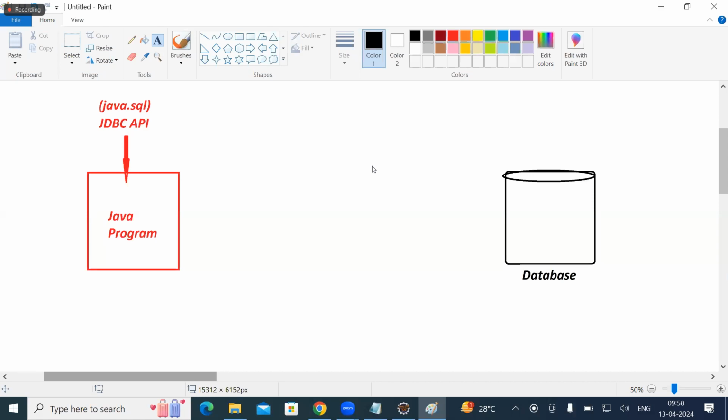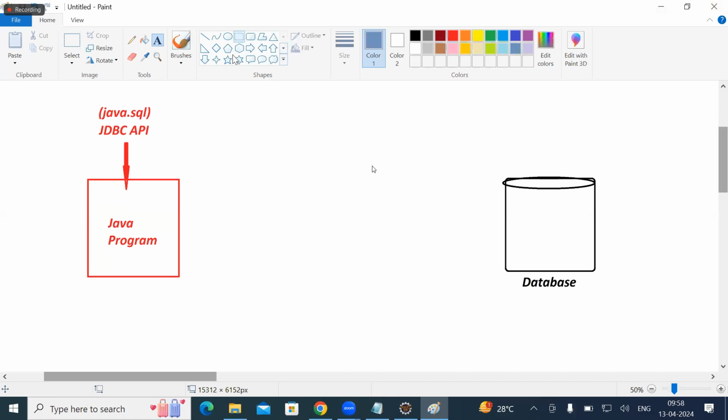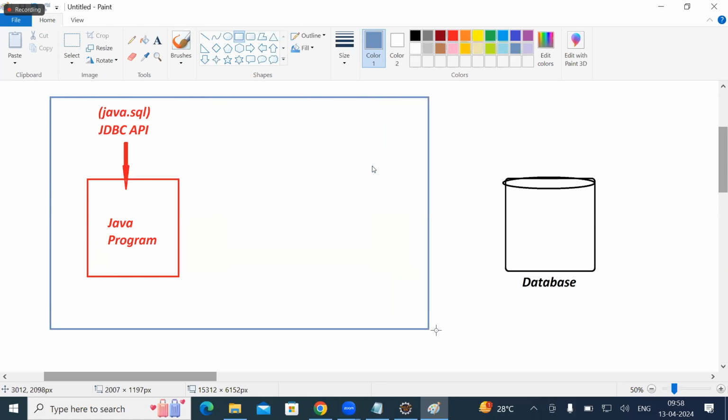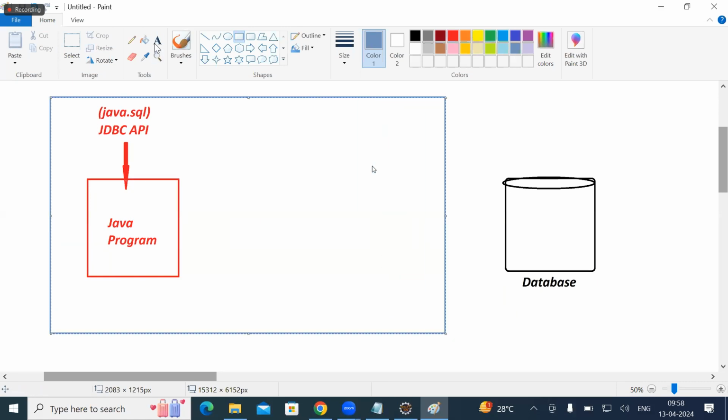In between, one driver support is needed. Anyway, I'm constructing the Java program with my JDBC API. That's my duty. The Oracle product is not a Java product. That is one independent product. I want to establish one link. Now, here one computer will be there. Terminology here: one client computer. We use a term known as one client computer.